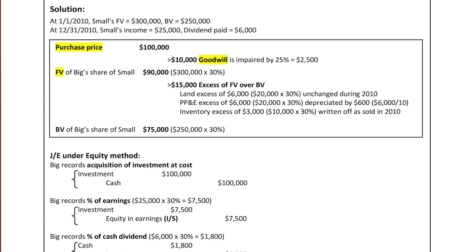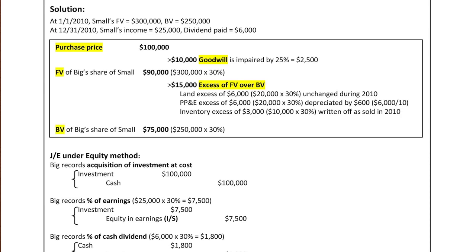So the difference between fair value and book value is $50,000 and 30% of that is $15,000, which is the excess of fair value over book value. The fair value of big's share of small, that's 30% of small, is $90,000. However, big paid $100,000 to acquire that 30%. The $10,000 excess of purchase price over fair value is goodwill.